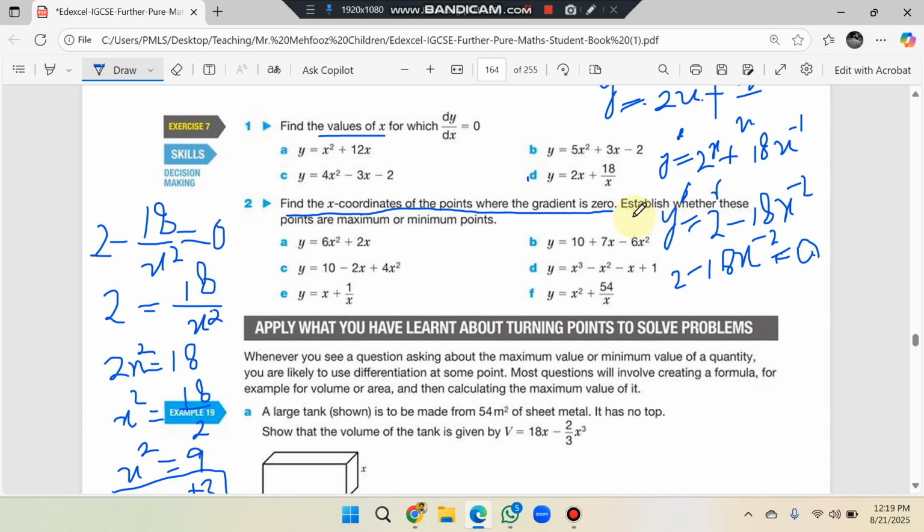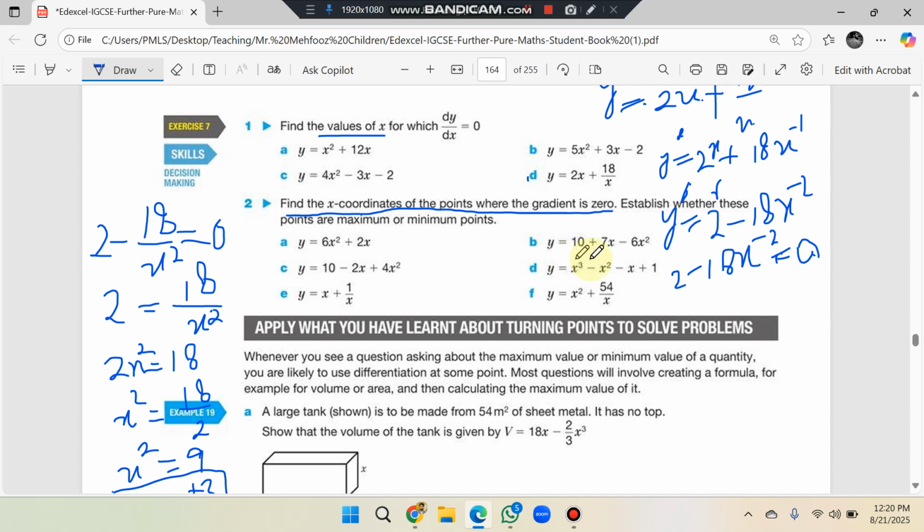This is an extra term included, so we have to know which is the maximum point and which is the minimum point. For this purpose we have to find the double derivative also. If the double derivative is positive, then your point is minimum. If the double derivative is negative, the point is maximum, right?